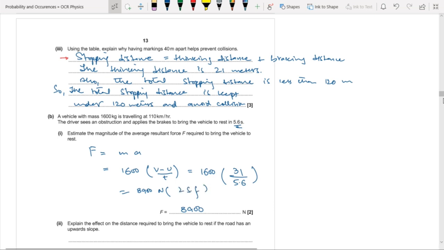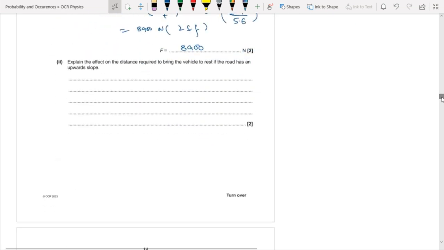All right, explain the effect on the distance required to bring the vehicle to rest if the road has an upward slope. So if the road has a slope like this and you are traveling here on the car, since the weight acts vertically downwards, a component of weight would be acting in the downward direction, right?